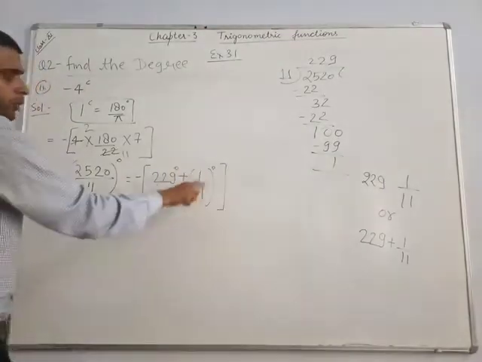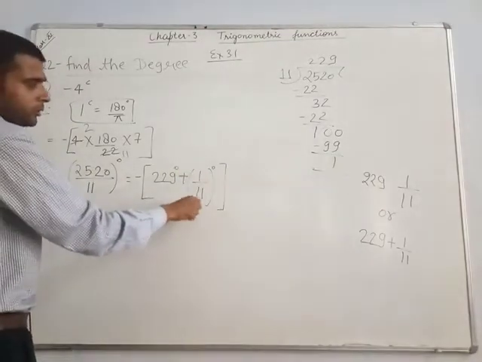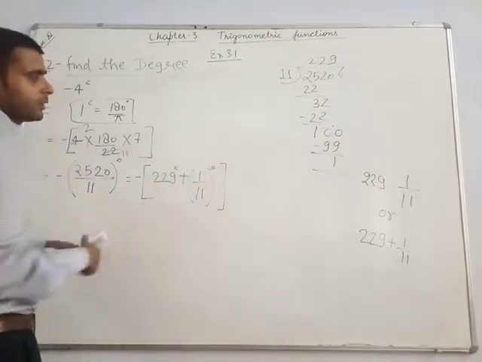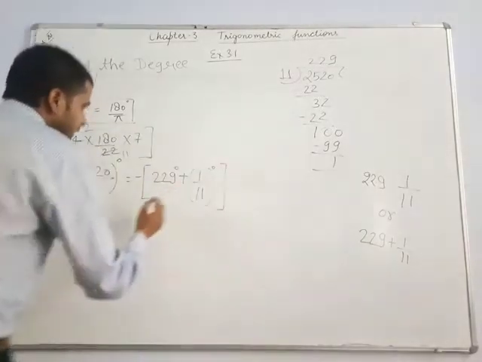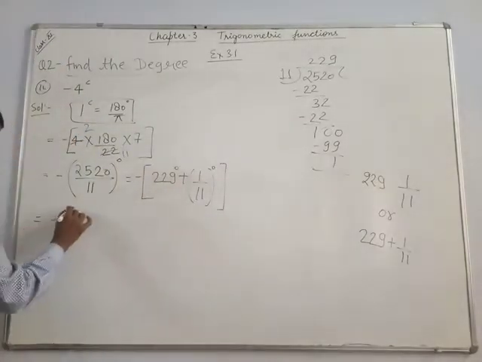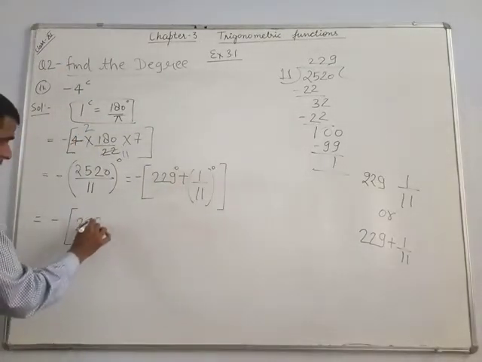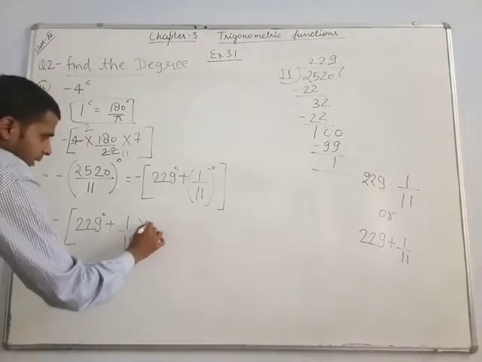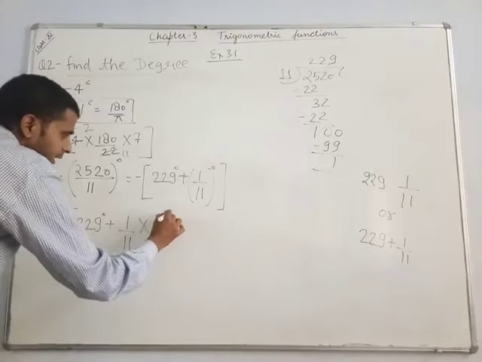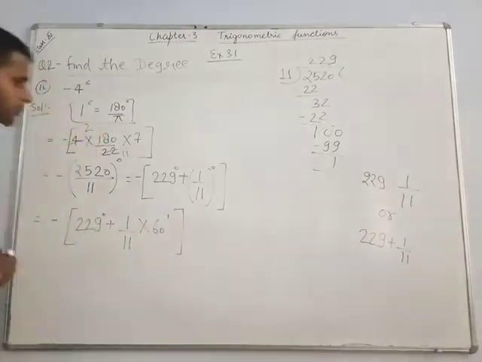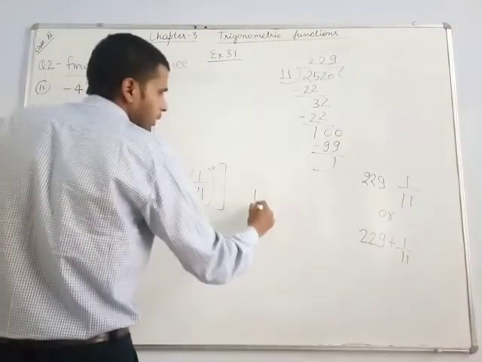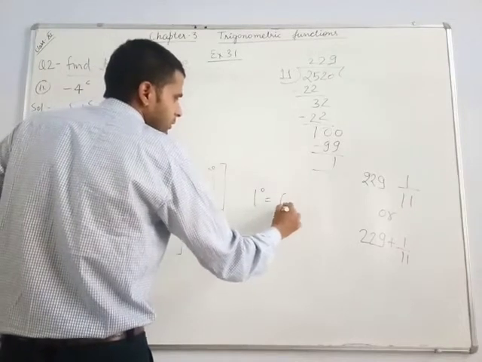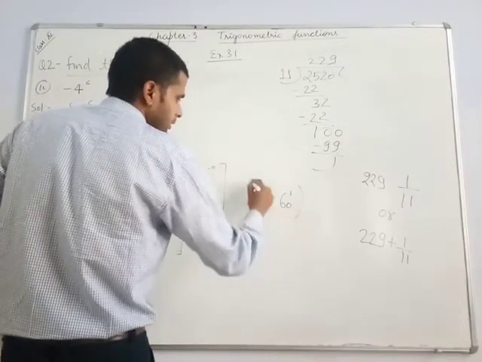This is numerator upon denominator. You have to remove the denominator, and degree convert into minute, multiplied by 60. So minus 229 degree plus 1 upon 11 multiplied by 60. To convert into minute, you have to write 1 degree equal to 60 minute.